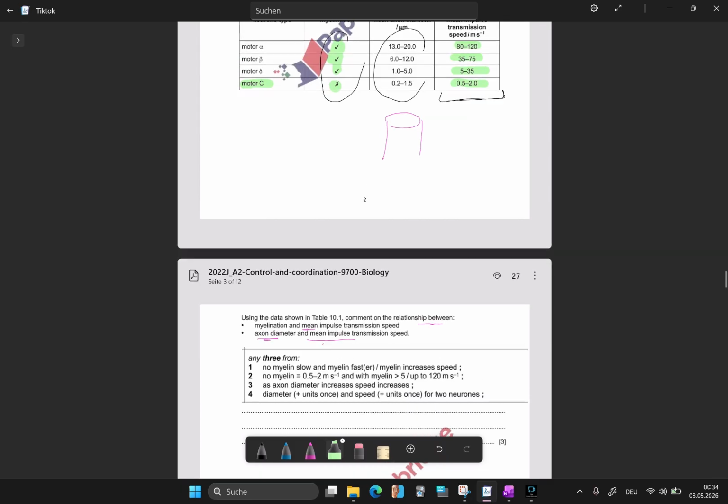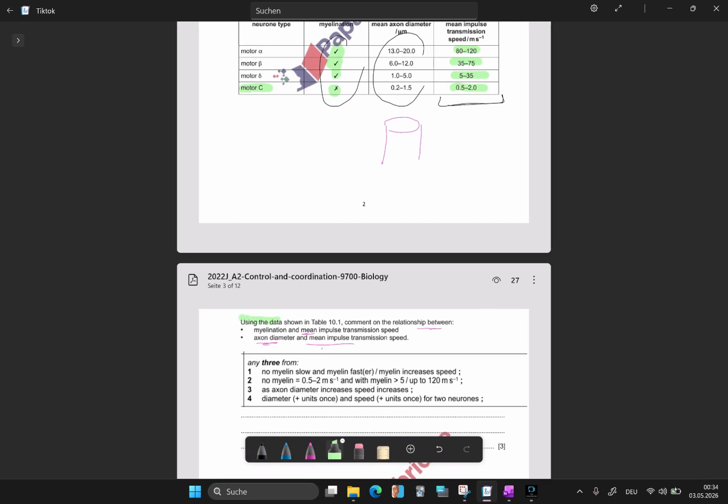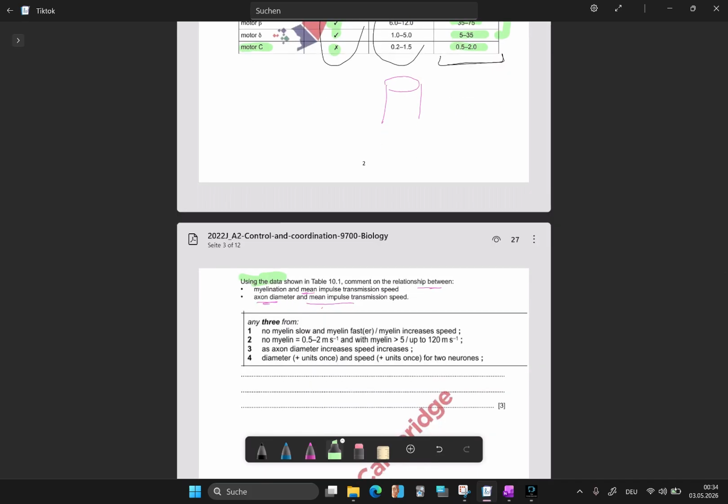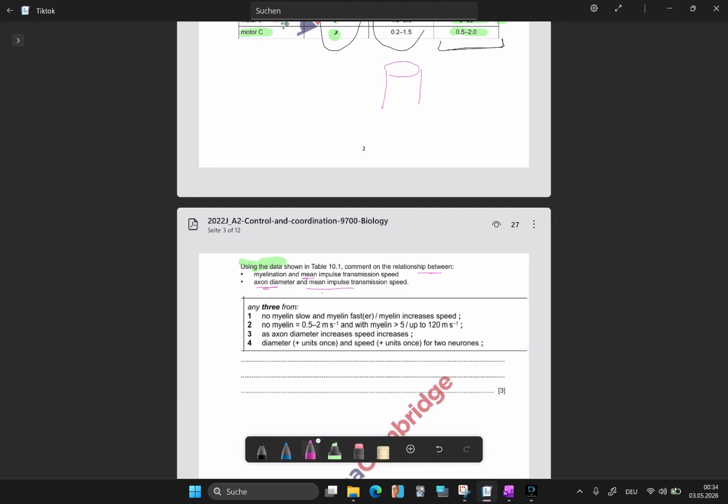And then we're going to say from the data that motor C, which was unmyelinated, had the least speed of 0.5 to 2, while alpha, beta, and delta all had faster speed.